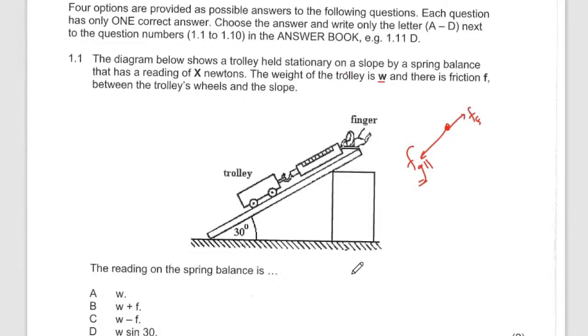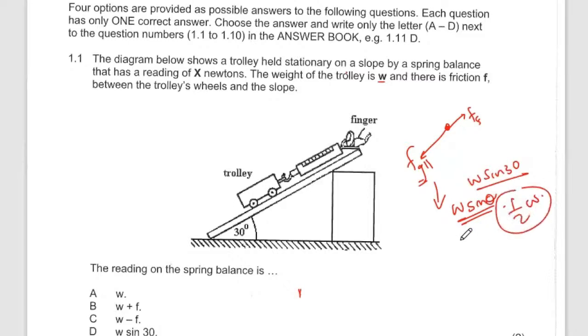So when I look at the options that are given, option A, W, no, because remember this FG parallel is the same as W sine theta, which will be a half of W. But it's not only FG parallel that's acting downwards on this trolley. So A is out. Then W plus F wouldn't make sense.